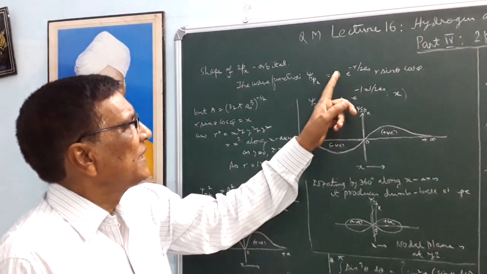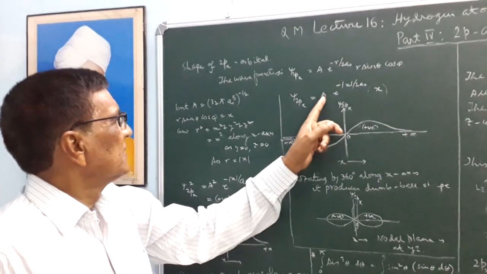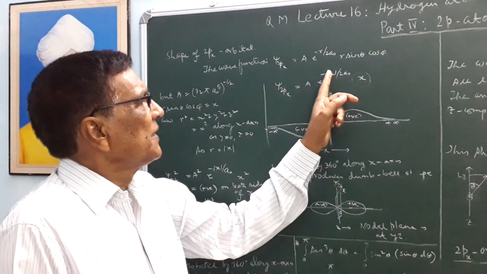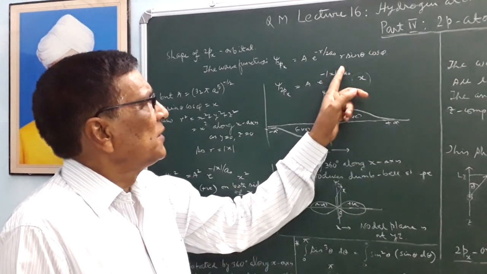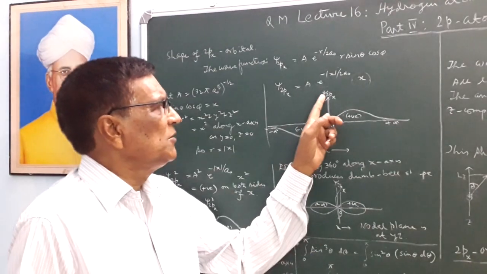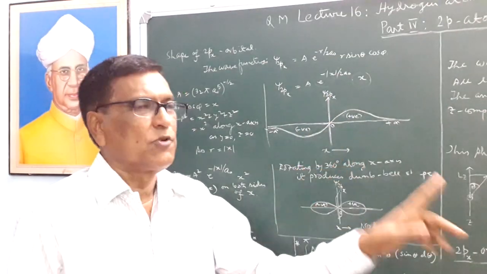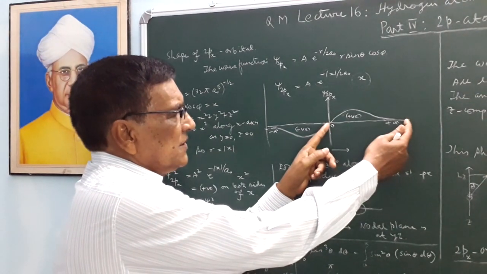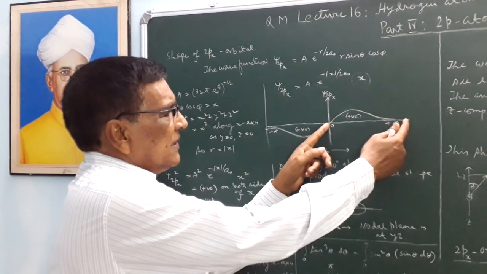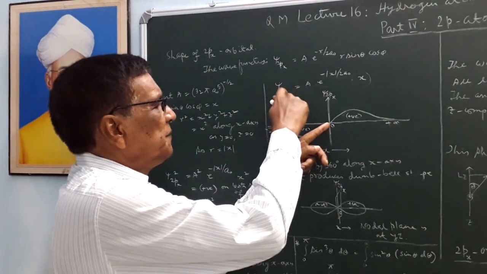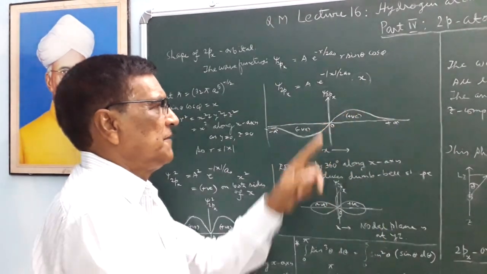So psi 2px could be written as a, the normalization constant, e to the power minus modulus x by 2a naught, and x. If we plot psi 2px versus x, then from 0 to plus infinity on the right side, x is positive, so psi 2px is also positive.